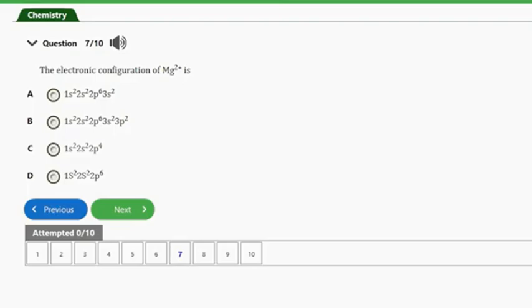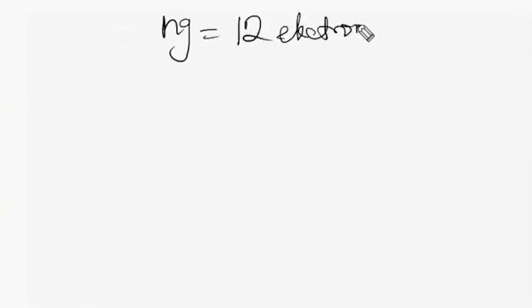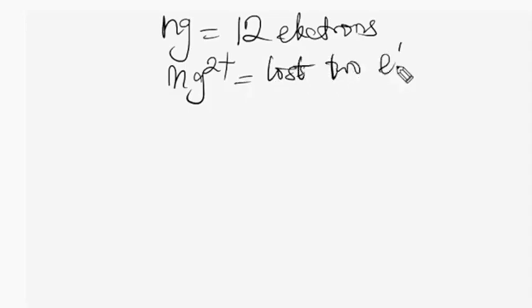So let's just quickly zoom into our workspace here. So we know that magnesium has 12 electrons. So magnesium ion actually signifies that it lost 2 electrons.